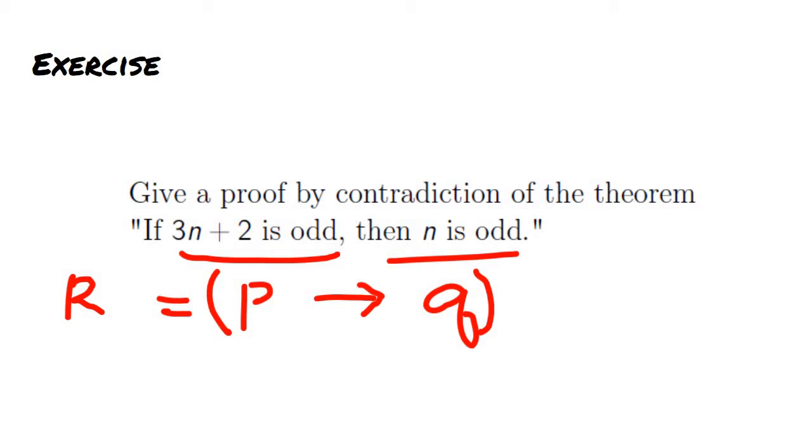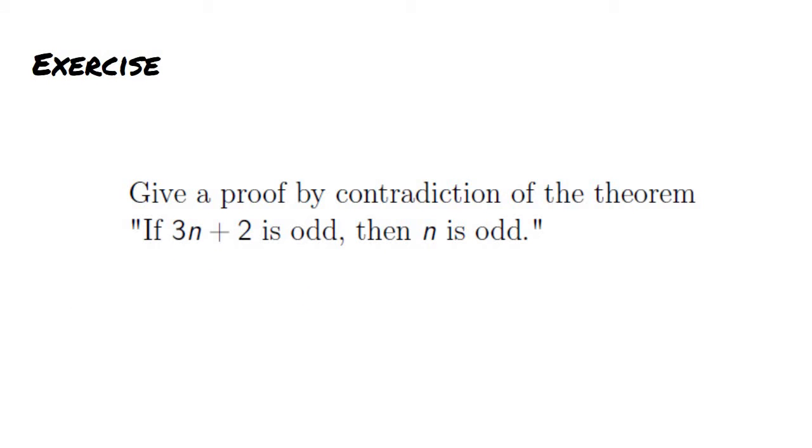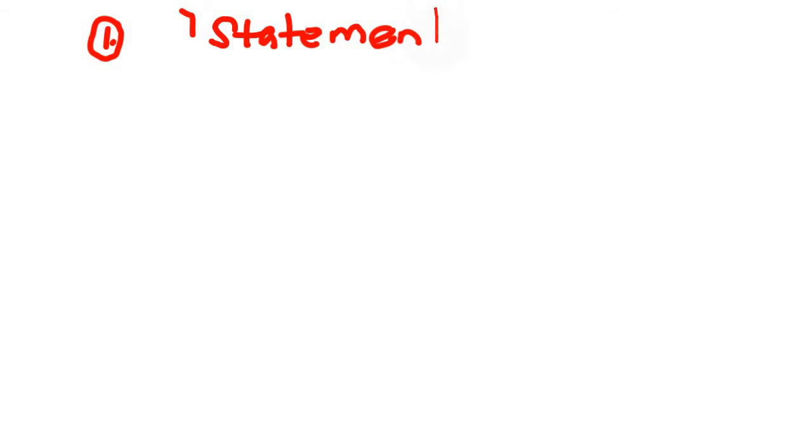So, giving a proof by contradiction, firstly, we're going to negate the whole statement and assume this to be true.